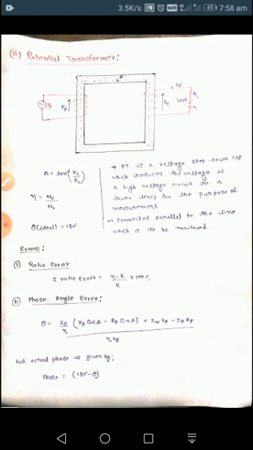Here we can define the load angle, that is delta is equal to tan inverse XL upon RL. That is also known as impedance angle of the load. Also, the nominal ratio can be given by N2 by N1.